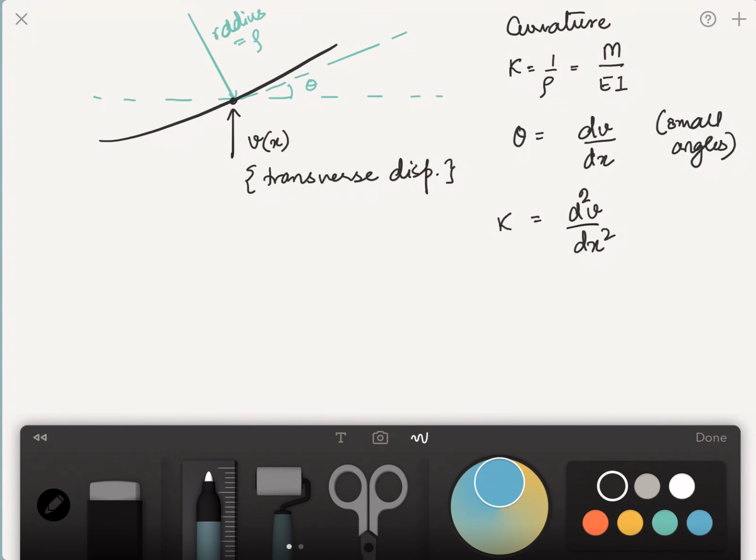If I now equate equation 1 and equation 3, because this is equation 2, then I will get d squared v/dx squared is equal to M by EI.